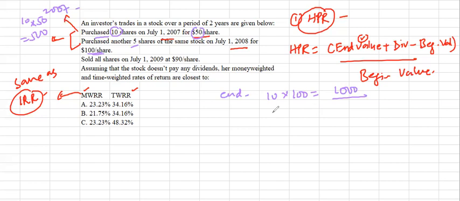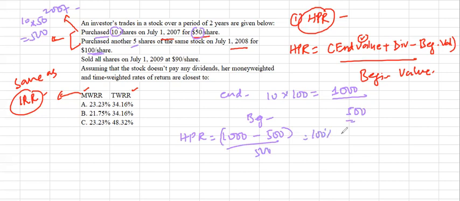This is beginning value, and the beginning value is 500. So you would be simply calculating the HPR. Ending is 1000, right? Since there are no dividends, so nothing, and minus beginning value divided by beginning value, and we are getting 100% or 1.0.